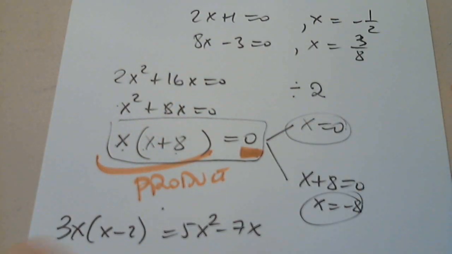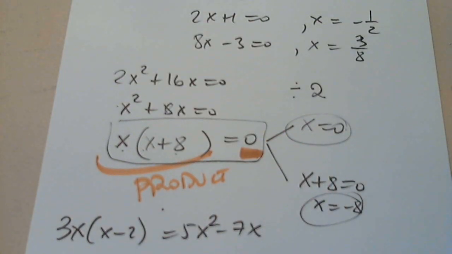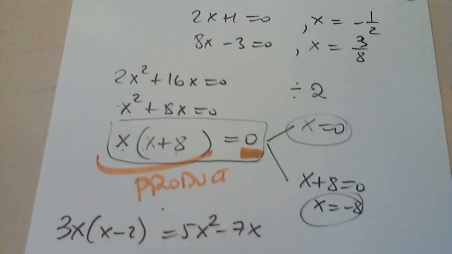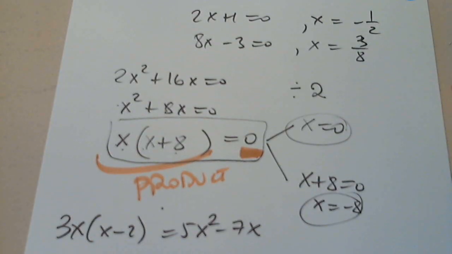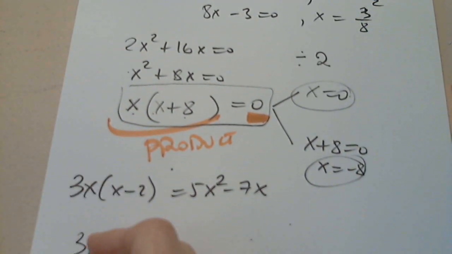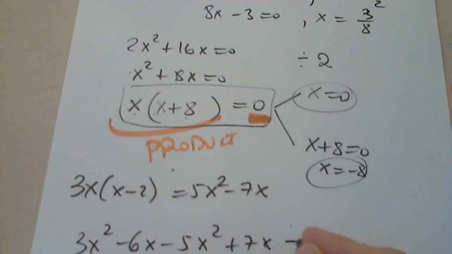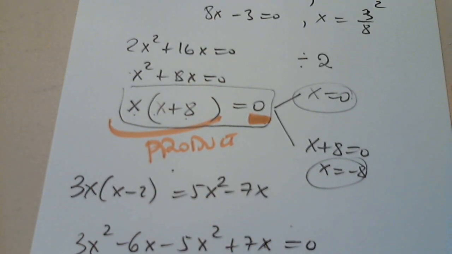Otherwise, I cannot use it. So this is not set up. I have to distribute, move the terms to the other side, and set it equal to 0. That's my first step: 3x squared minus 6x minus 5x squared plus 7x equals 0. This is a mandatory step.